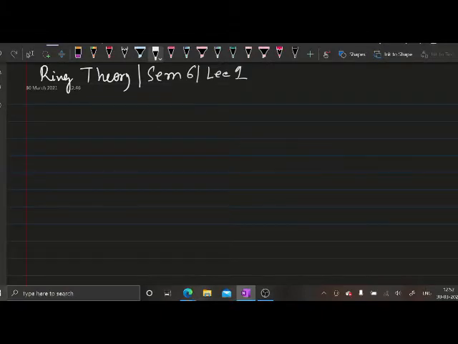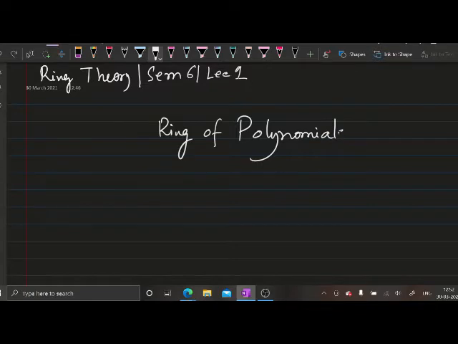So let's begin with the ring of polynomials.